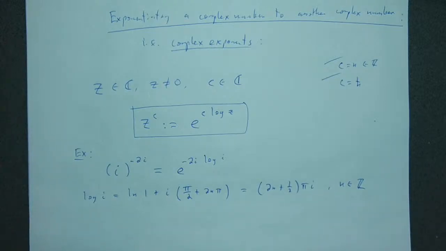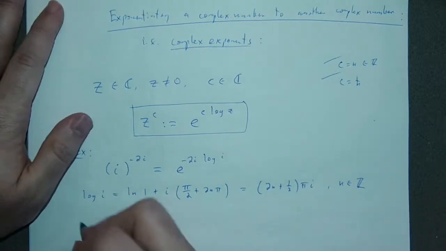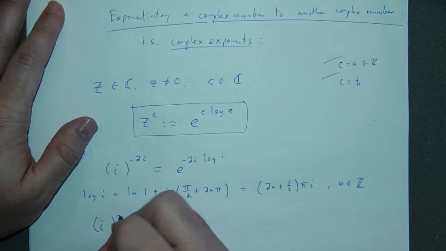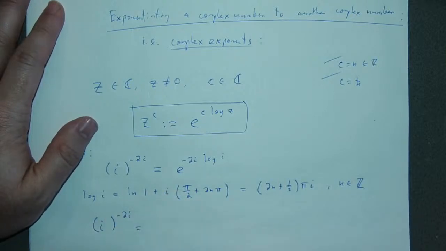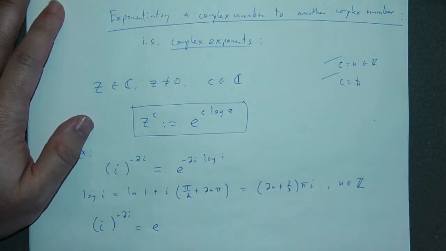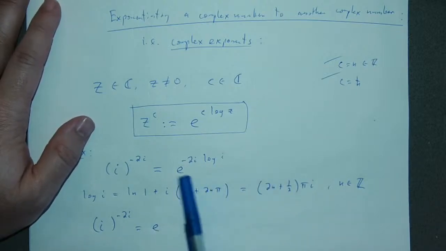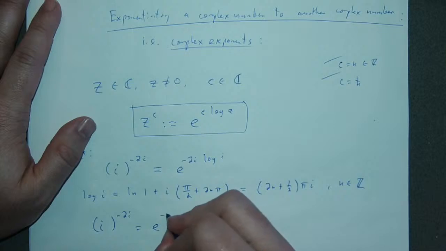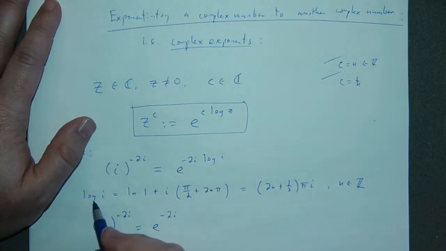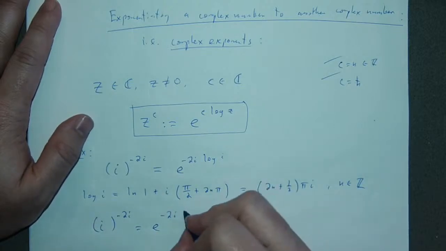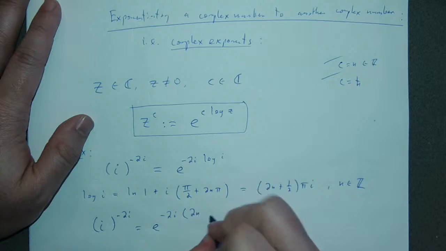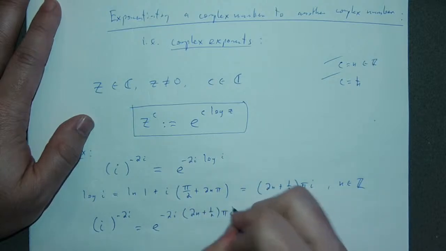And so, what is i to the minus 2i here? Then i to the minus 2i is e to the minus 2i times log i, which is this set, 2n plus 1/2 times pi i.